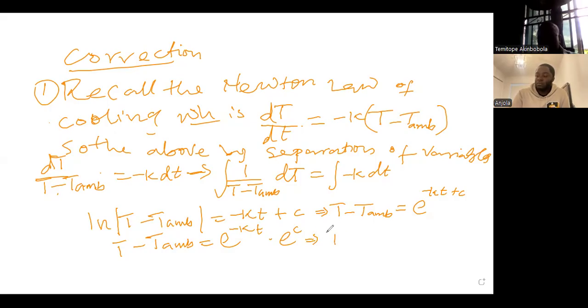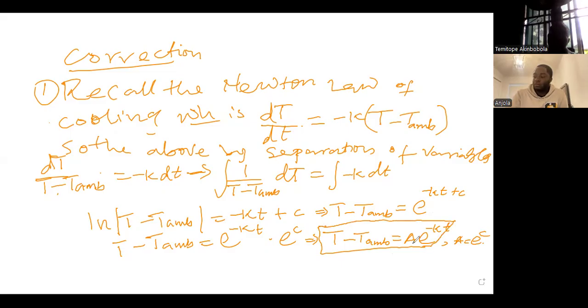I can now write T minus T amb equals A e raised to power minus kt, and of course A will be e raised to power c. So this is the solution.